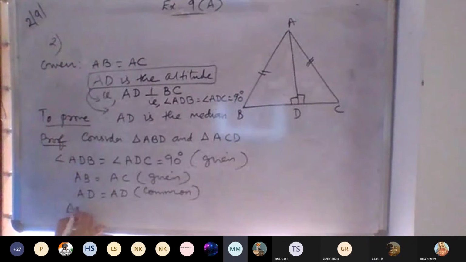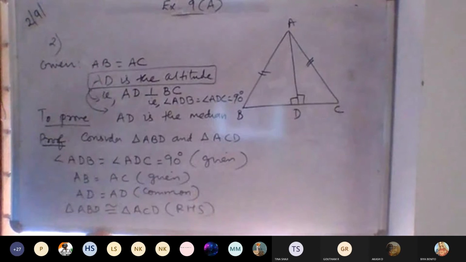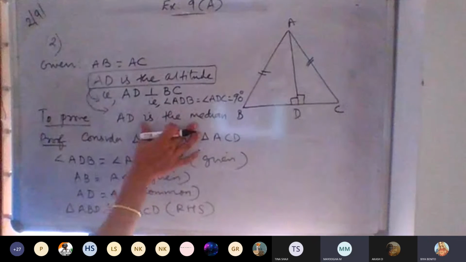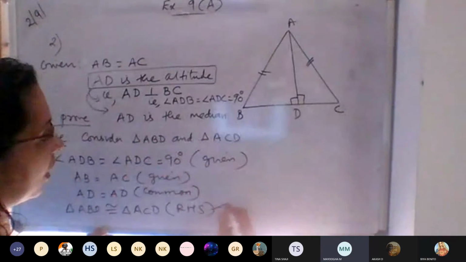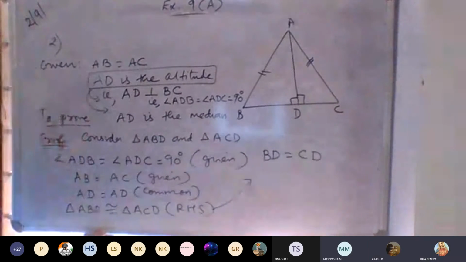Therefore, triangle ABD is congruent to triangle ACD by RHS. Therefore, we can say what? Median means BD is equal to DC. From this we can write BD is equal to CD.